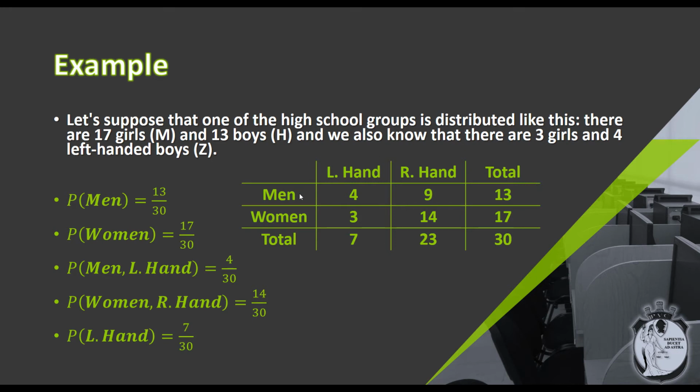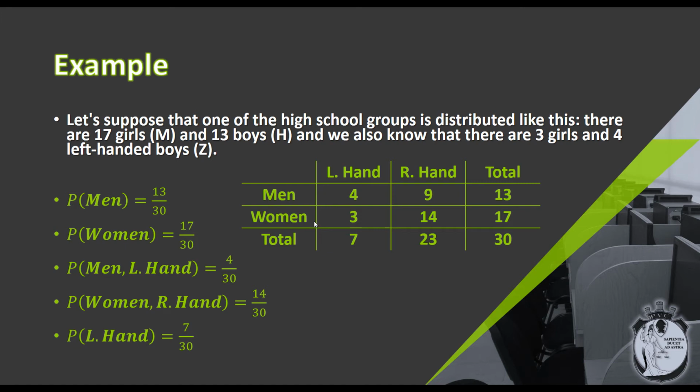For example, if you use that row for the men, left-handed men are only 4. The rest are right-handed. Of the 13 boys, the rest are 9, total 13.